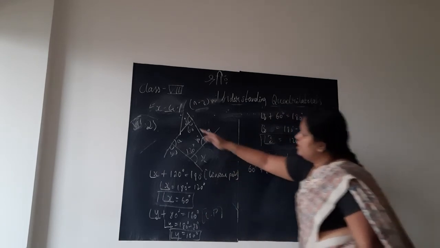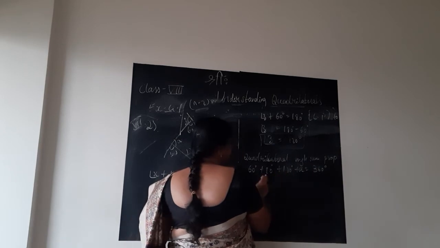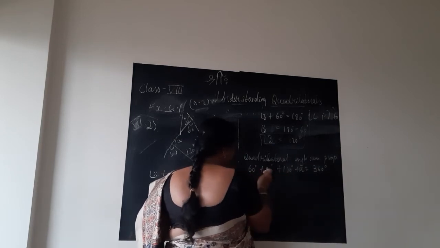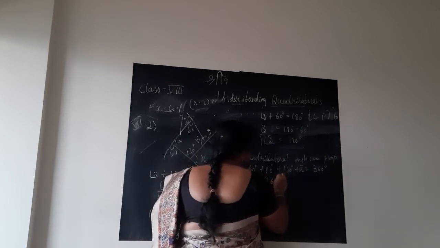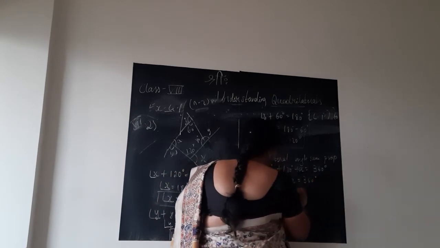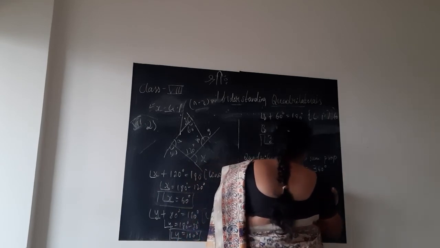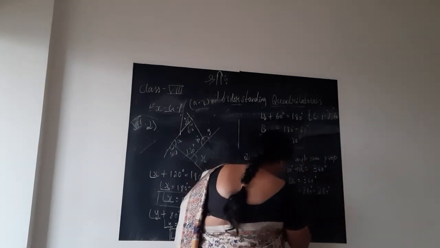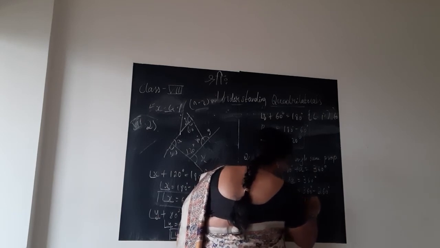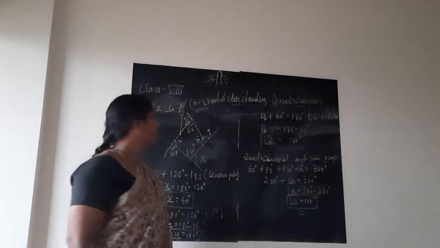So the sum of these four angles is 360 degree. 60 plus 100 plus 120 plus 80 is 200, plus 60 is 260 degree, plus angle A is 360 degree. Therefore, angle A is 360 degree minus 260 degree. 360 minus 260, we got angle A to be 100 degree.